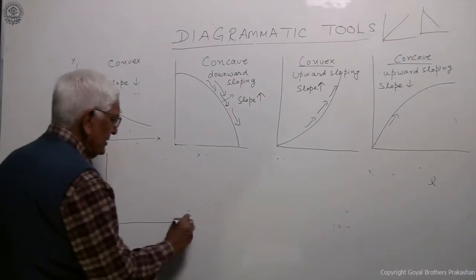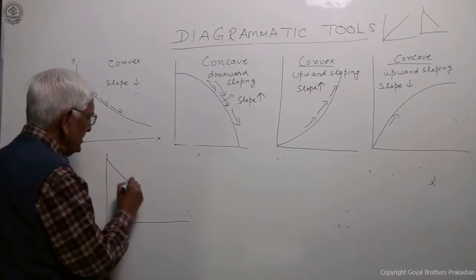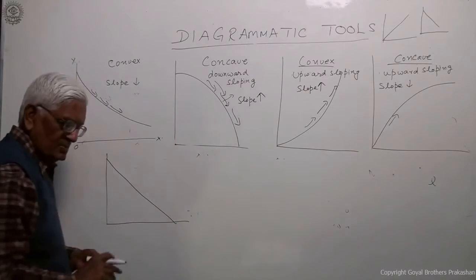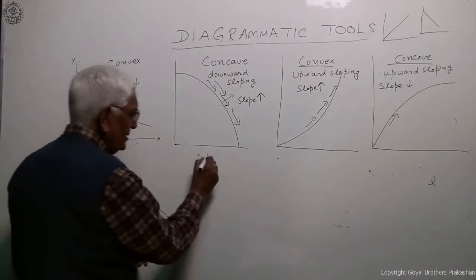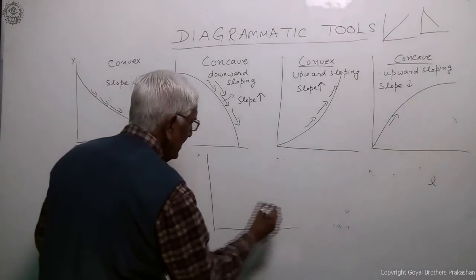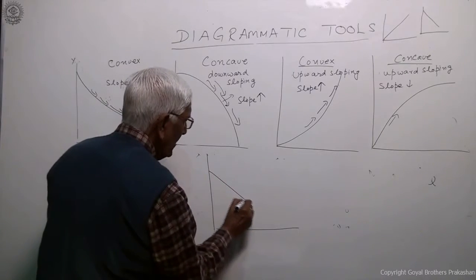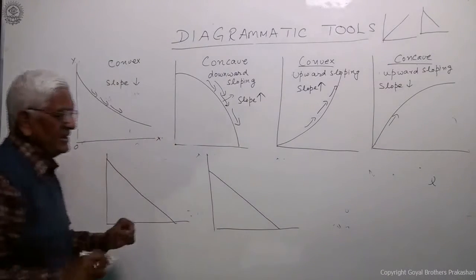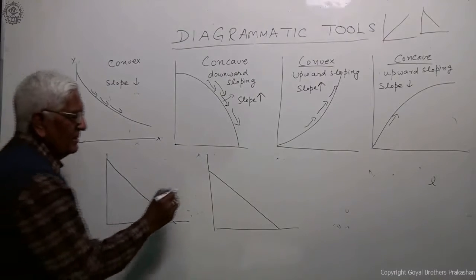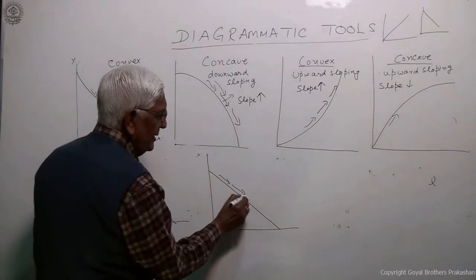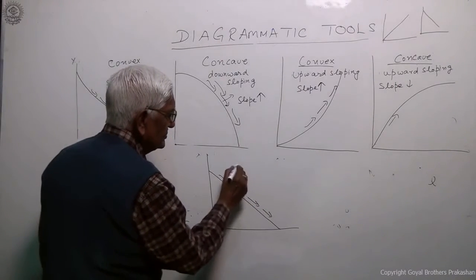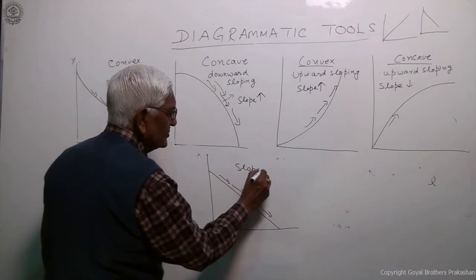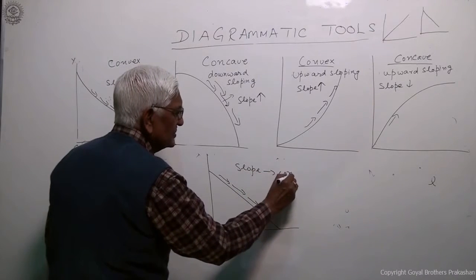Then there are other curves. Suppose it is a straight line. Let me draw it again. It doesn't look like a straight line. Suppose this is a straight line. Now, as you move along the straight line, slope is constant.